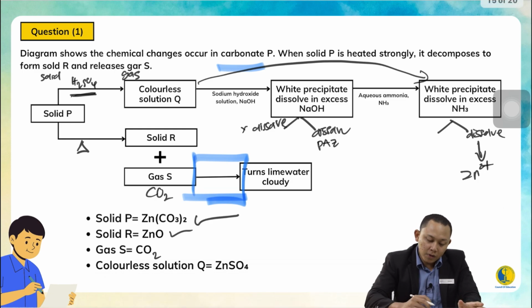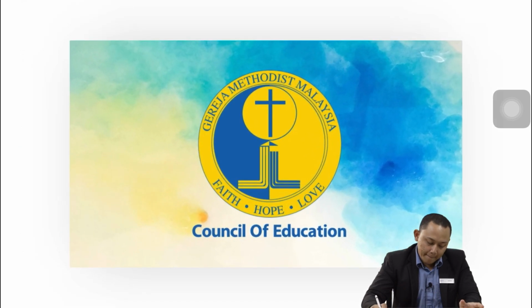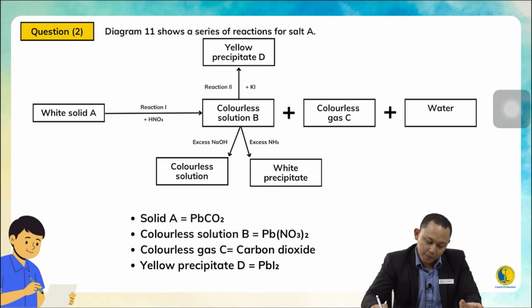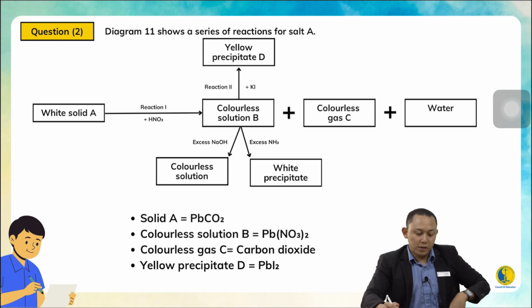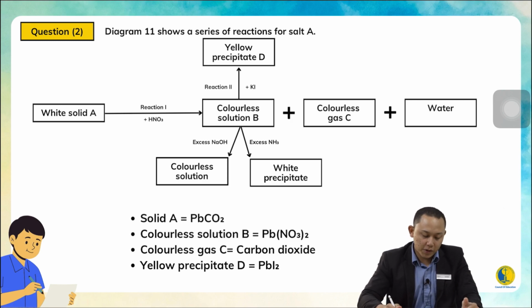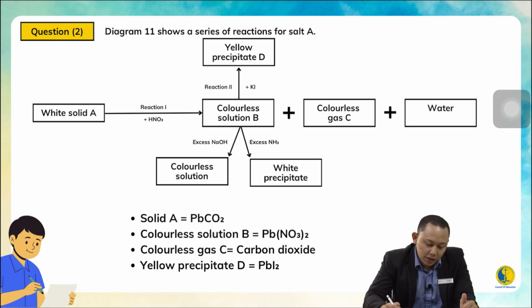Alright, next one. Question 2. Diagram 11 shows a series of reactions for salt A. White solid A, in reaction 1, is reacted with nitric acid.